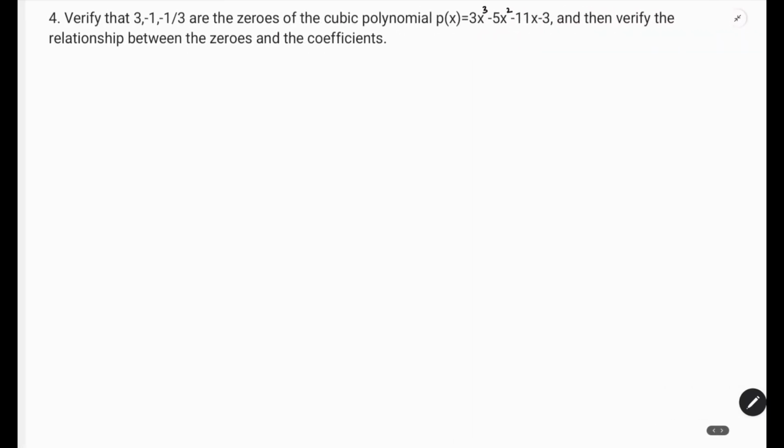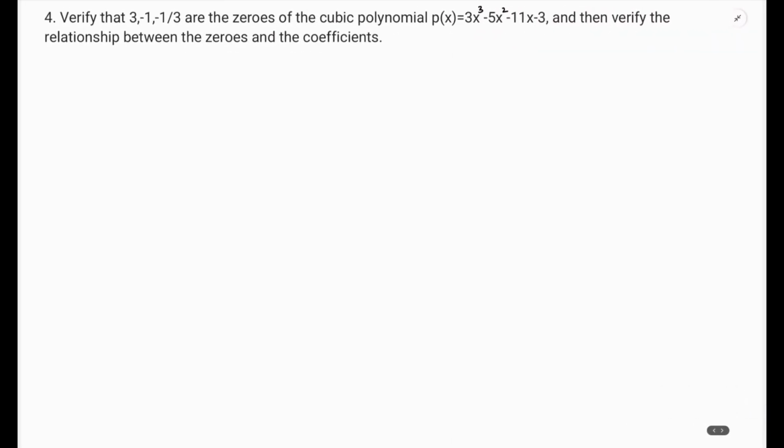Next one. Verify that 3, minus 1 and minus 1 by 3 are the zeros of the cubic polynomial p of x equal to 3x cube minus 5x square minus 11x minus 3.